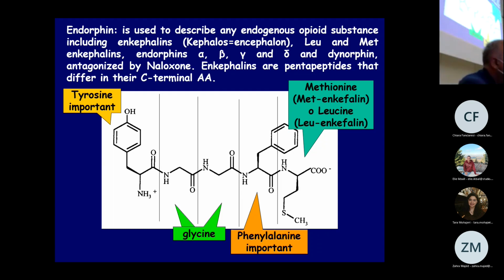And the question is, why can we not use these molecules as drugs? Why is it necessary to take morphine instead of met enkephalin or leu enkephalin? Because you know that peptides are not stable in the blood.